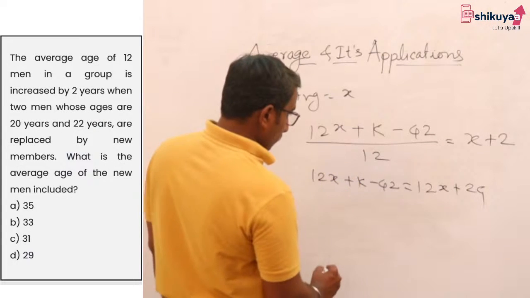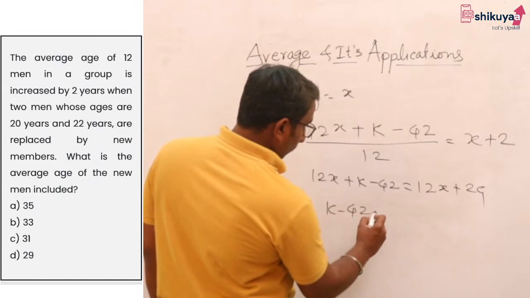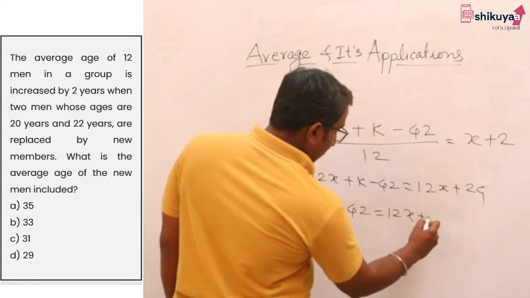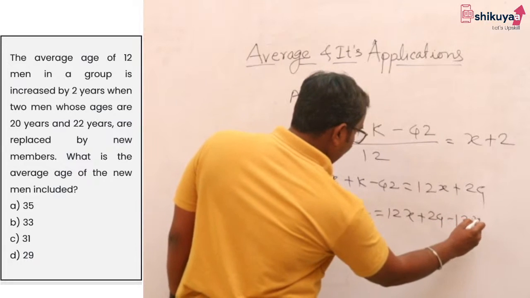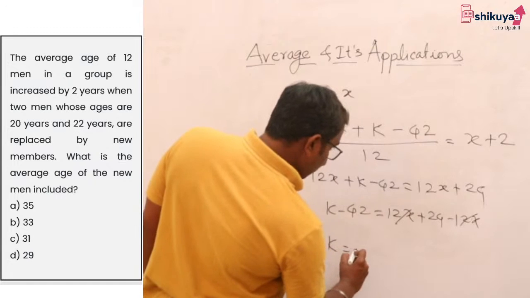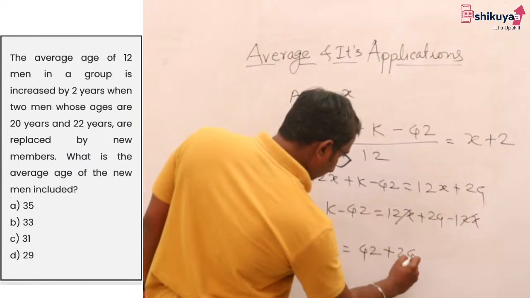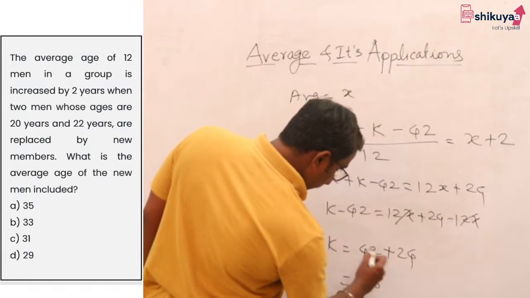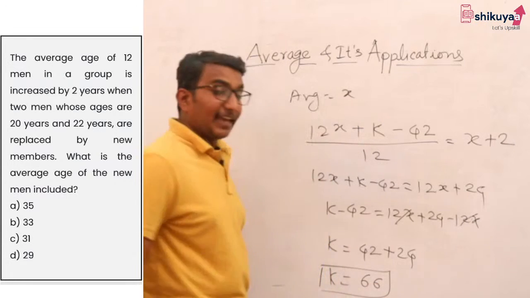Further, k minus 42 is equal to 12x plus 24 minus 12x, so the 12x terms get cancelled. k is equal to 42 plus 24, which is equal to 66.